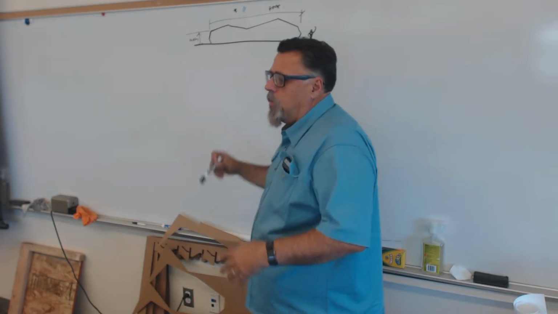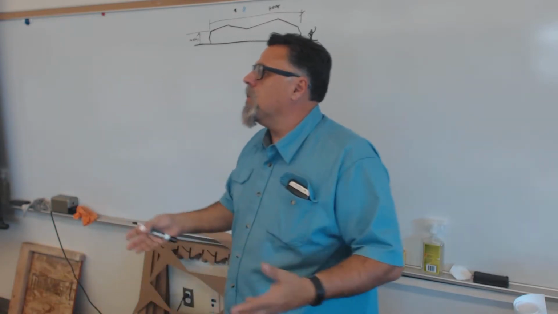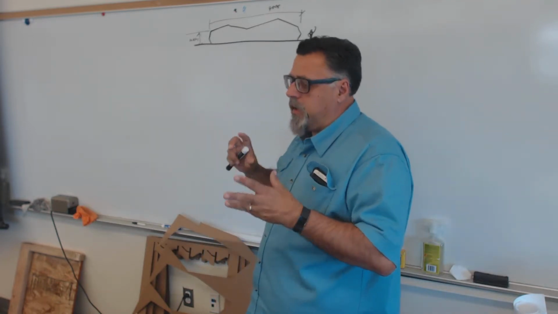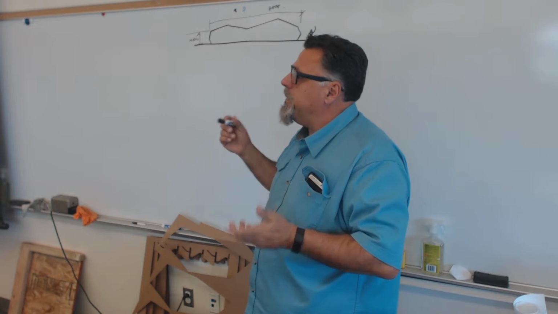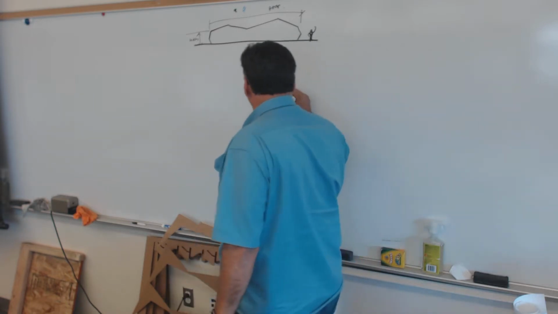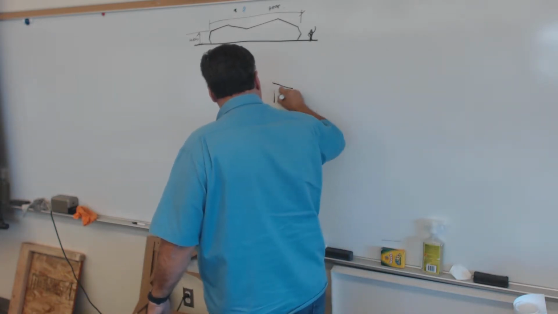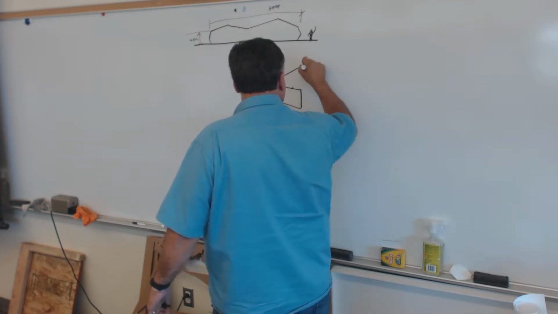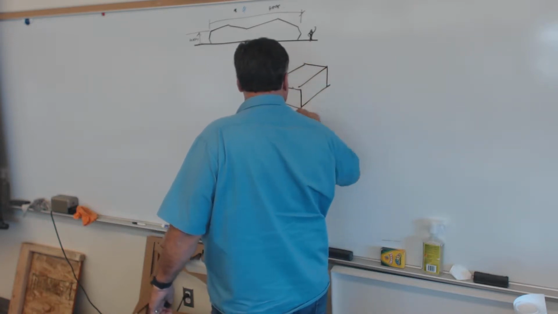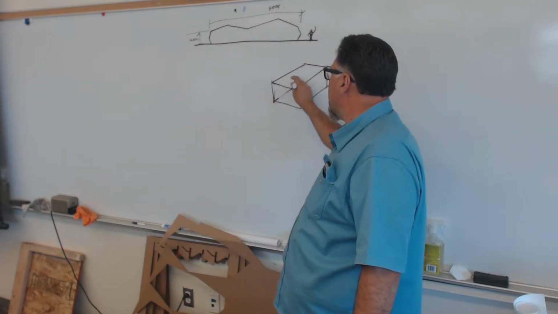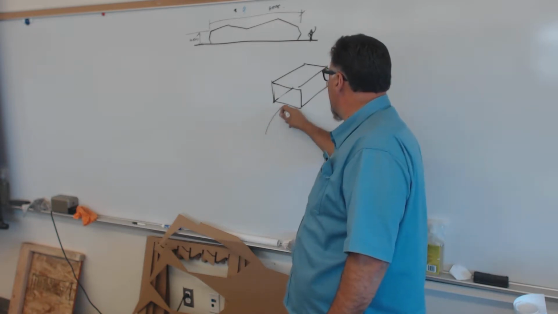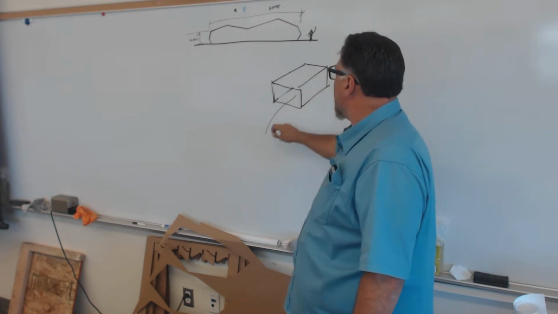So for the project that you guys are moving towards, right, which is a bus terminal, you guys are going to be creating an enclosed object, a singular enclosed object, right, that's going to be the terminal building. And that terminal building will probably be built as what I call a tube. That is, it's an object that has a bottom, two sides, and a top, but is open through the ends.